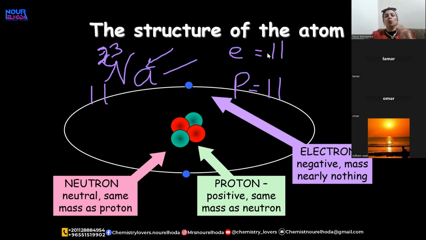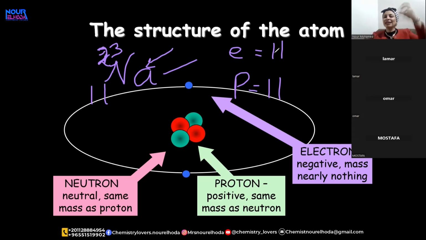Perfect. What about the mass of the atom? Where is all the mass concentrated? The mass of the atom is concentrated inside my nucleus. In the electrons, because they are so light, no mass is concentrated. What is found inside my nucleus? We have protons and we have neutrons.